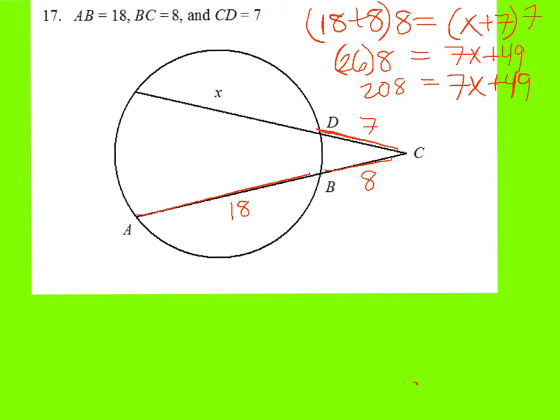So 208 minus 49, we get 159 is equal to 7x. And then dividing by 7, we get 22.71. And it goes on, but we'll round to the nearest hundredths. So x is 22.71.